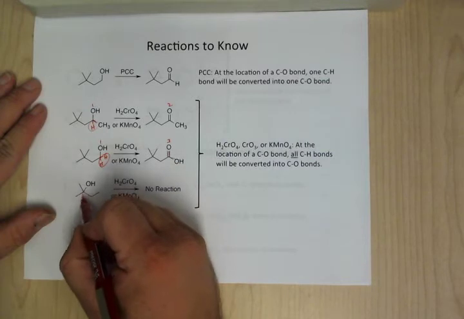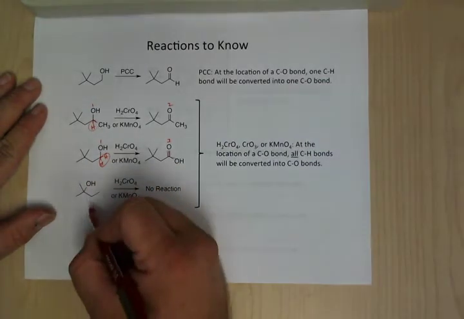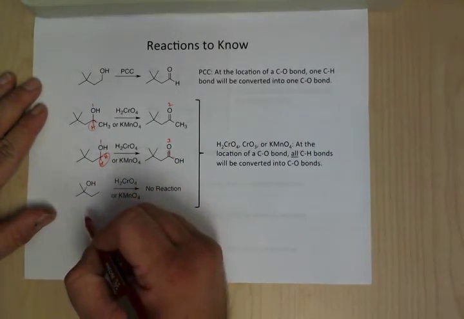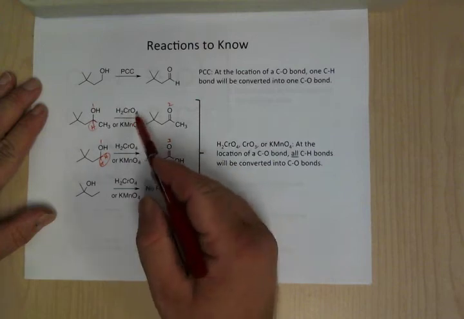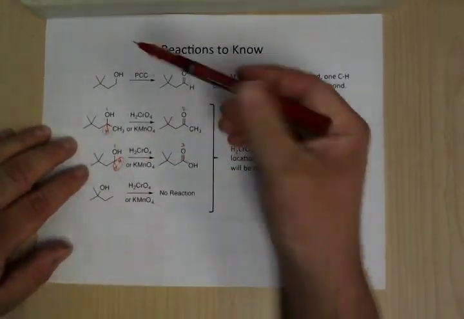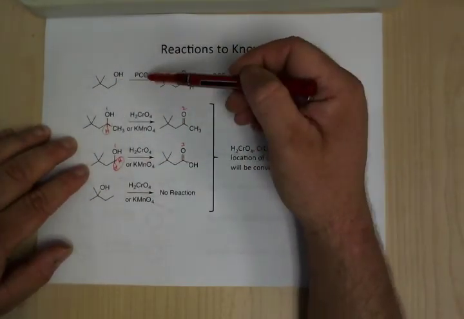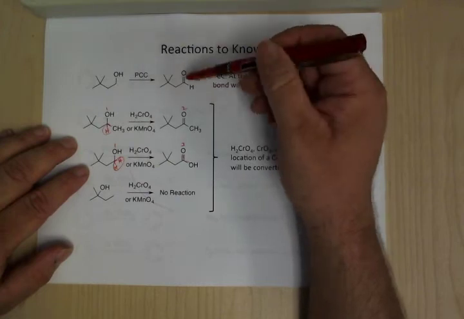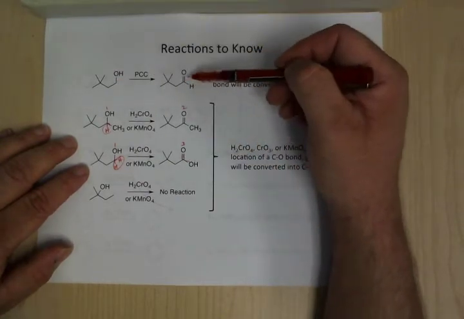Here there are no CH bonds, so this is going to be unaffected. Permanganate or chromic acid, the chromium compounds, are going to do oxidations. Now, if you want to go to just the aldehyde, you can do this with PCC, and that's going to stop at the aldehyde.